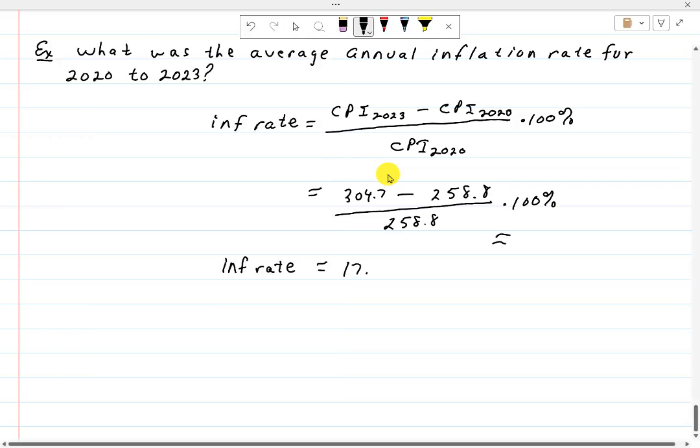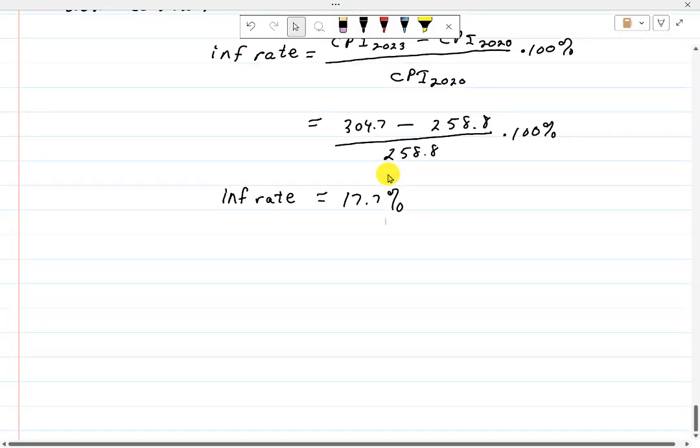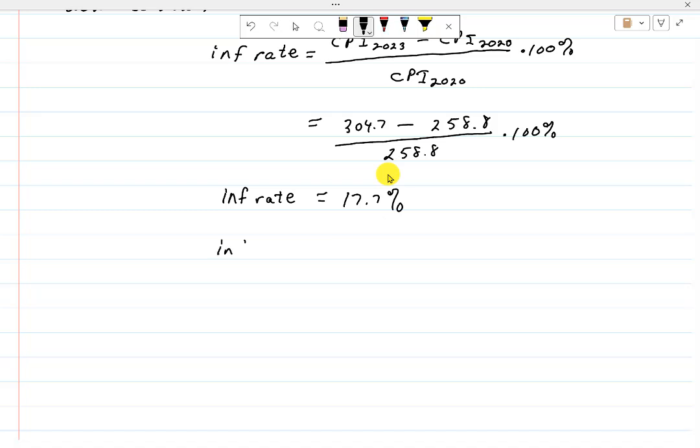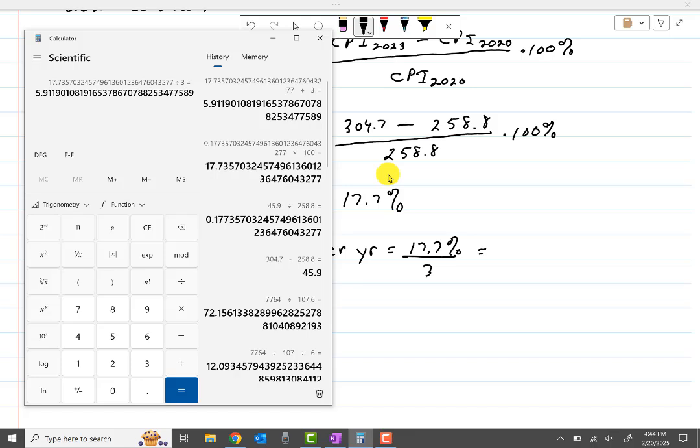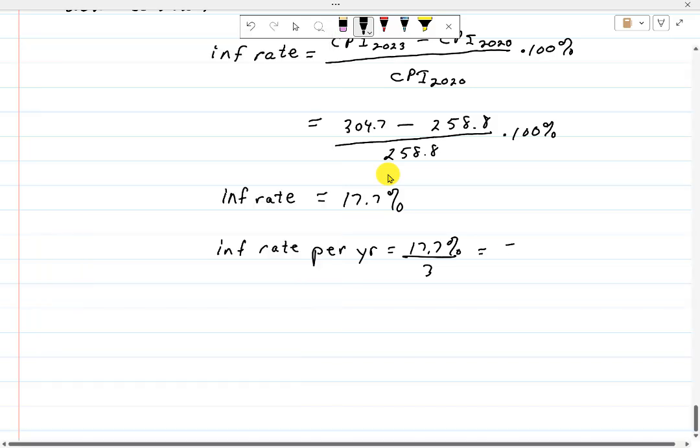Here it is, 17.7%. That's for all of 3 years. If we want it only for 1 year, then we could say the inflation rate per year, that's going to be your 17.7% divided by 3, about 5.9% per year.